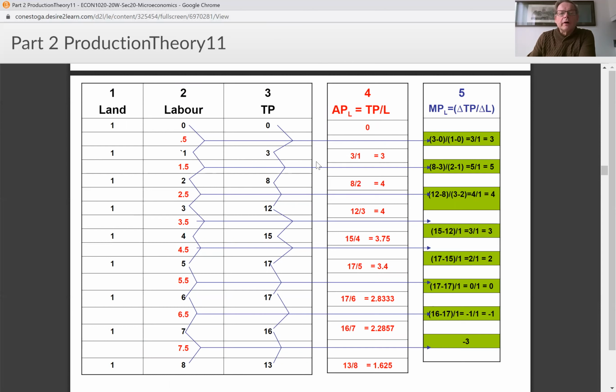And your marginal product is the change in total product, 3 less 0, divided by the change in labor, 1 less 0, recorded in the middle at 0.5. So we get 3 over 1, which is equal to 3. The next one is going to be 8 less 3, divided by 2 less 1, recorded in the middle at 1.5. We're going to get 5 over 1, which will be equal to 5, and so forth.